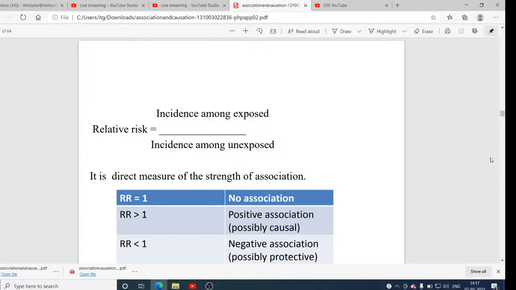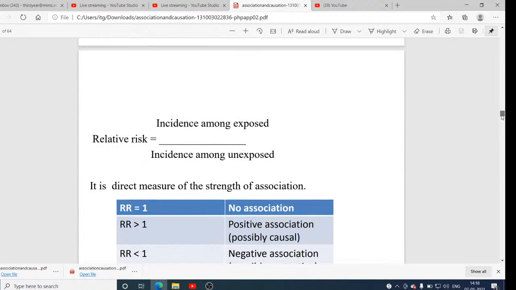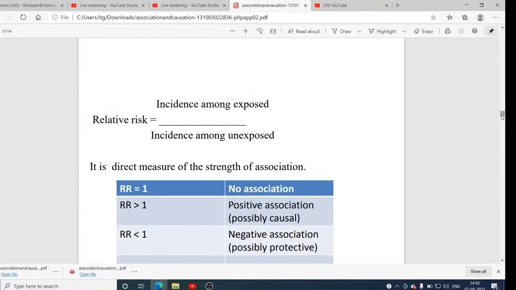The formula for relative risk is incidence among exposed divided by incidence among non-exposed. It is a direct measure of the strength of association.